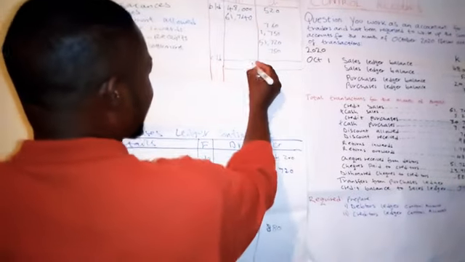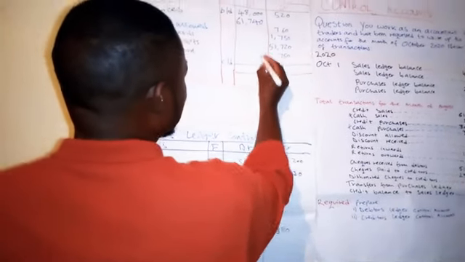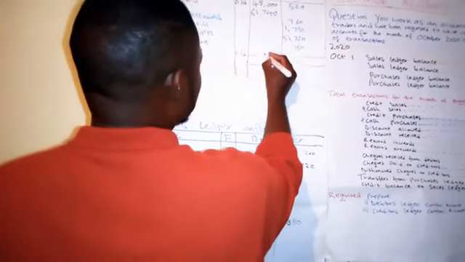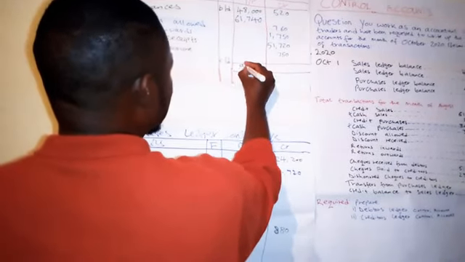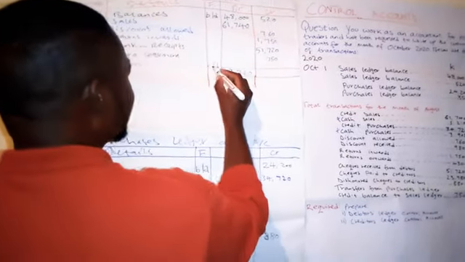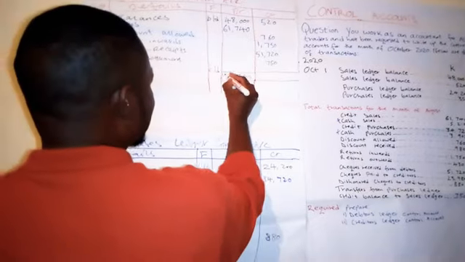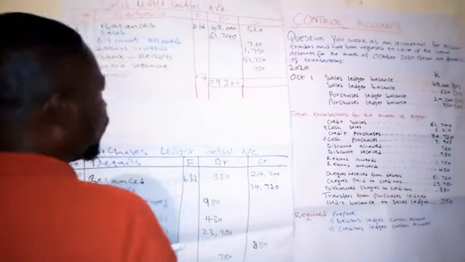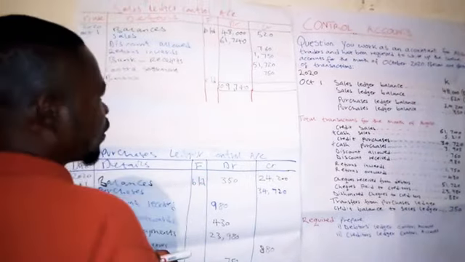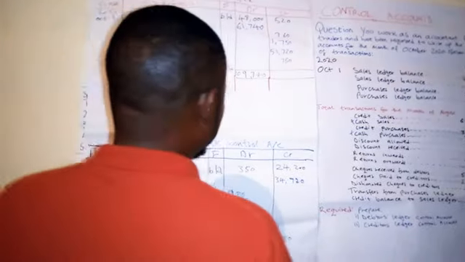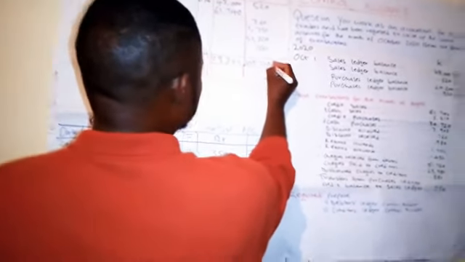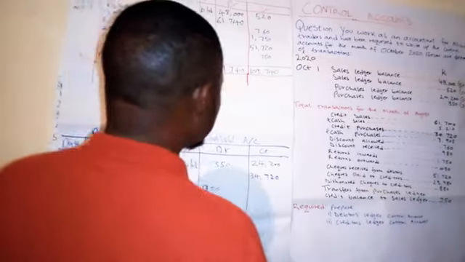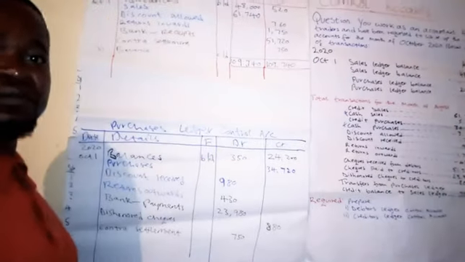The total is 109,740. So we write this both sides. Then we subtract.